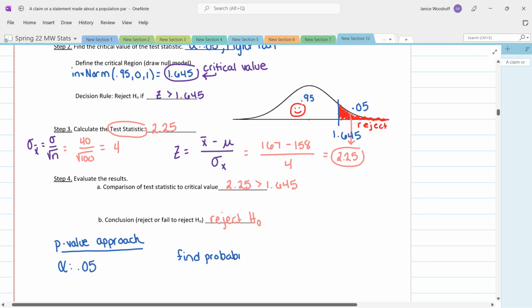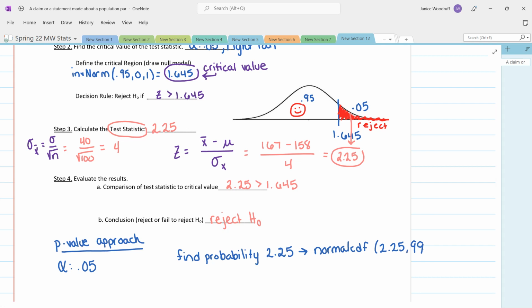So that would mean find probability, chapter 6, which means you would do normal CDF, 2.25, 99. When you do the probability, you're going to do it on whichever side of 0 it is. So if it's on the right side of 0, then it would be positive 99.